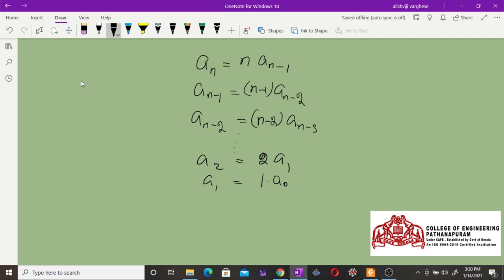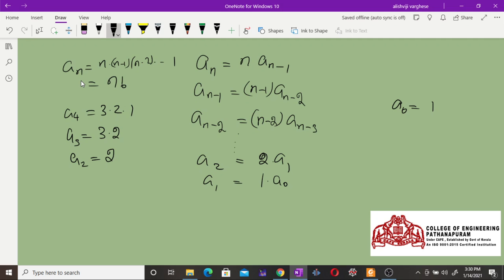If we make an initial assumption that a0 is equal to 1 and resubstitute the values, a1 is equal to 1 into 1, that is 1, a2 is equal to 2, a3 is equal to 3 into 2, and a4 is equal to 4 into 3 into 2 into 1. Proceeding like this, we have an equal to n into n minus 1 into n minus 2 into etc. up to 1. That is nothing but n factorial.